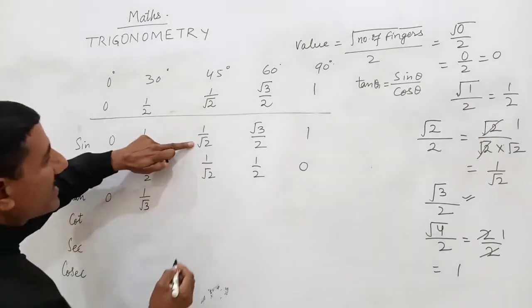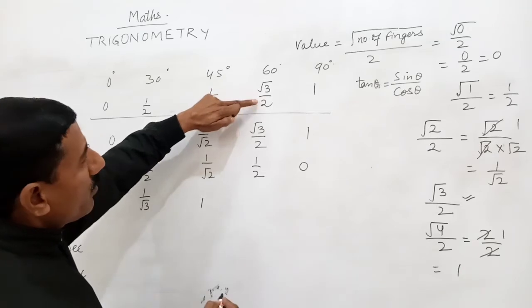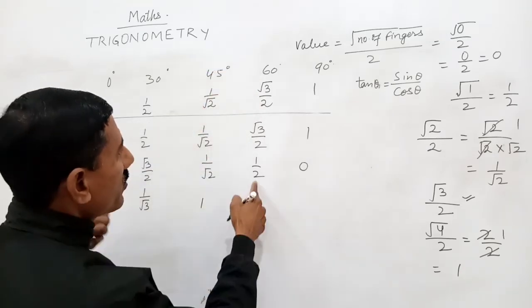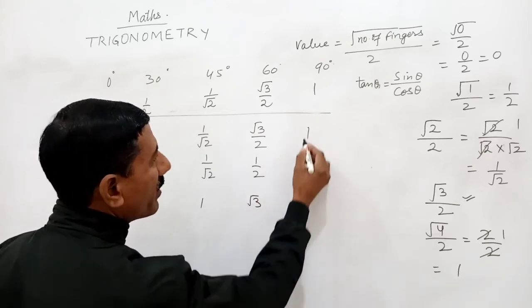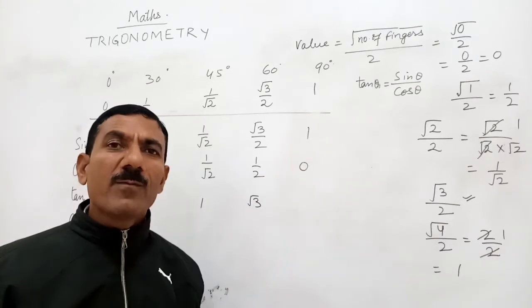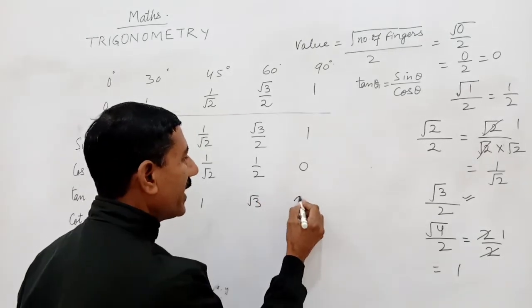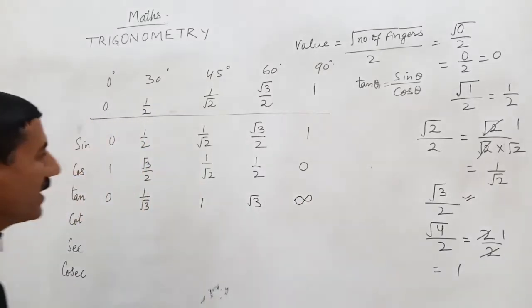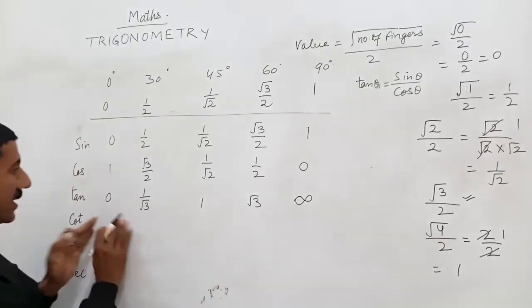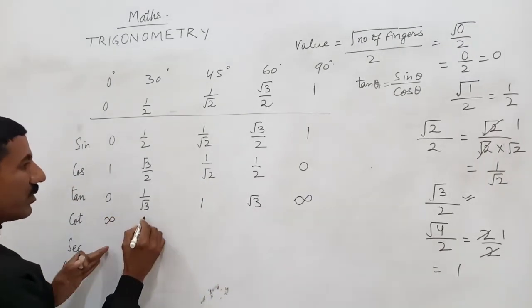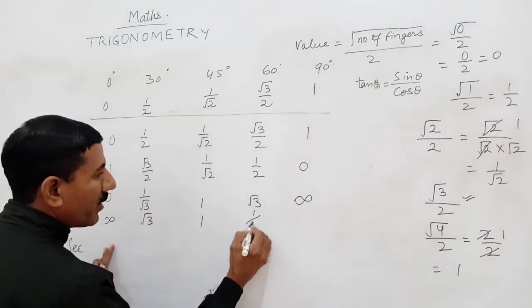Root 2 cancels, 1 upon 1 will be equal to tan 45. And in the 60 degree case, 2 cancels, root 3 upon 1, root 3. And then 1 upon 0. You know that when a non-zero number is divided by 0, it gives infinite value, not defined. The value of cot is the reciprocal of tan: 0, not defined, root 3, 1, 1 upon root 3 and then 0.